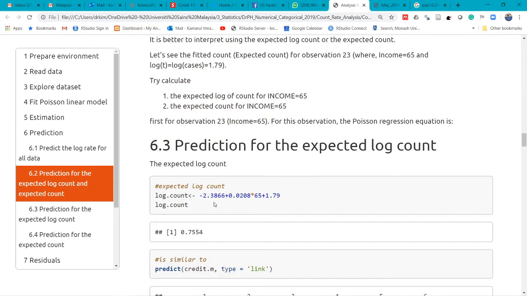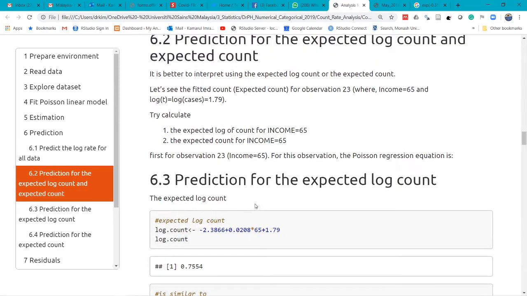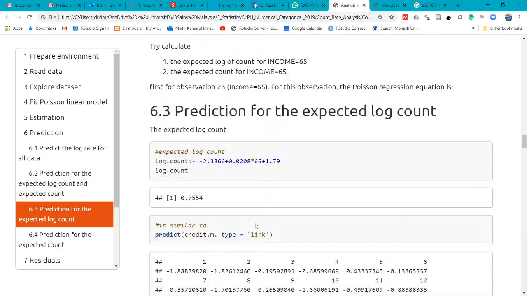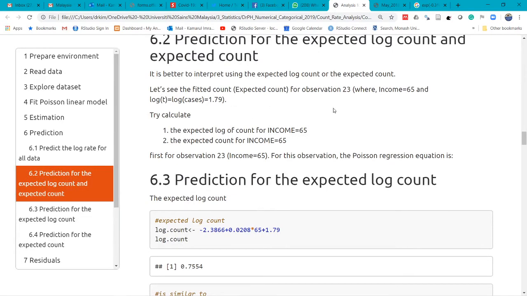So for someone who has an income of 65, for example, we want to know the expected log of count for income equals 65, and then the expected count.